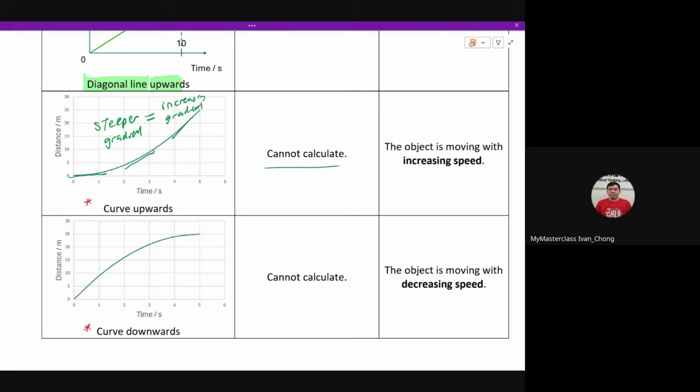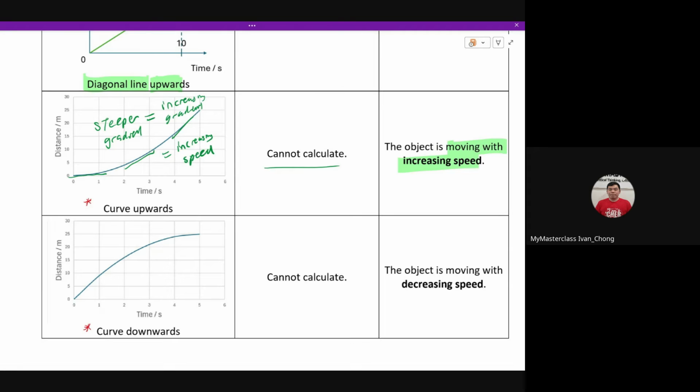That's why we cannot calculate it, because every second your gradient is changing. Because my gradient is increasing, my speed is increasing. Speed and gradient in a distance-time graph are the same. So to describe it, I will say my object is moving with increasing speed.